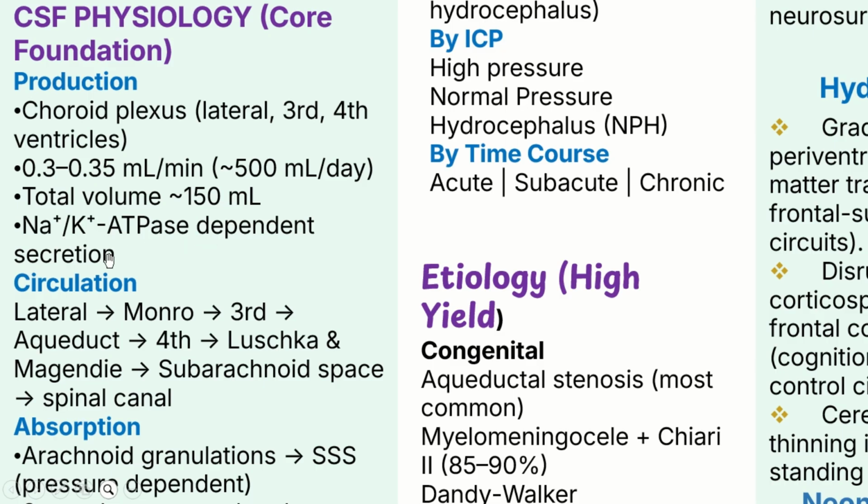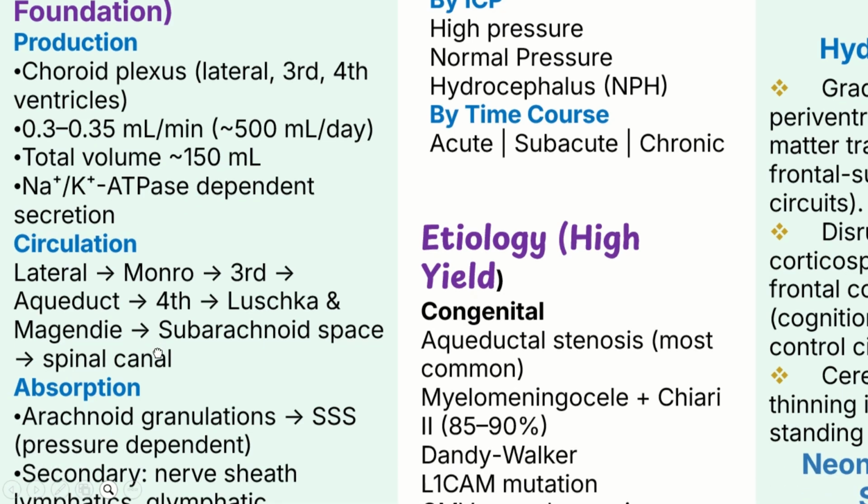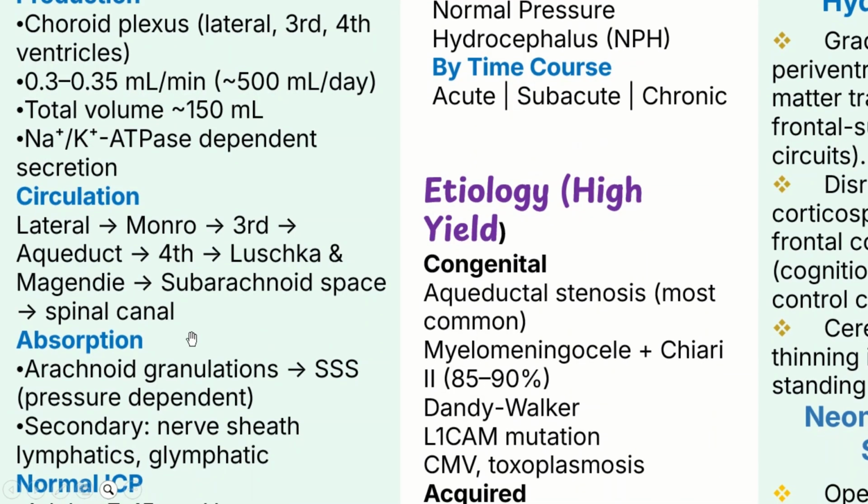When this CSF is produced, it flows from the lateral ventricles through the foramen of Monro into the third ventricle. It leaves the third ventricle through the aqueduct of Sylvius into the fourth ventricle, and from the fourth ventricle it goes through the foramina of Luschka and Magendie into the subarachnoid space and the spinal canal.